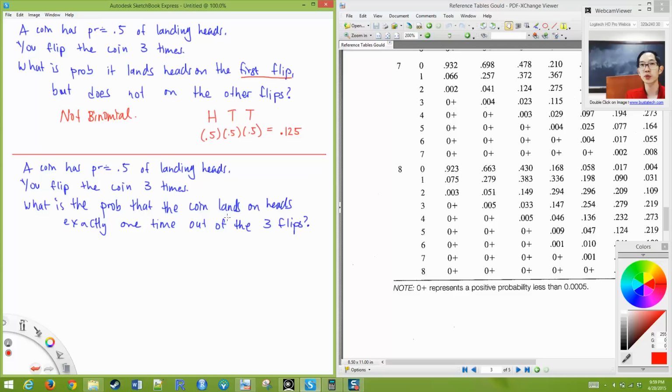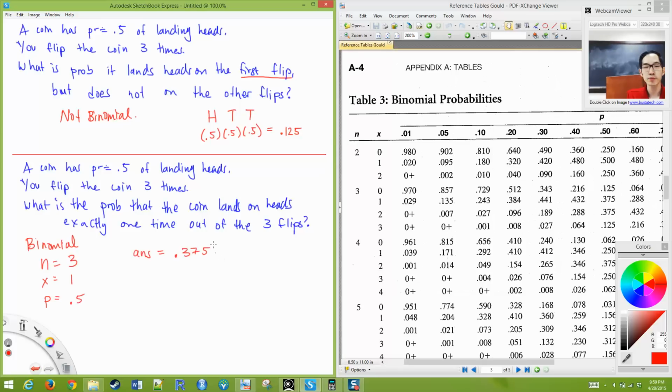If I do the math for each of these, this one is 0.125. We did that right there. The probability of each of these things is 0.125. And so if I add up all 3 of these, then I get 0.375. And that's what we're getting here.